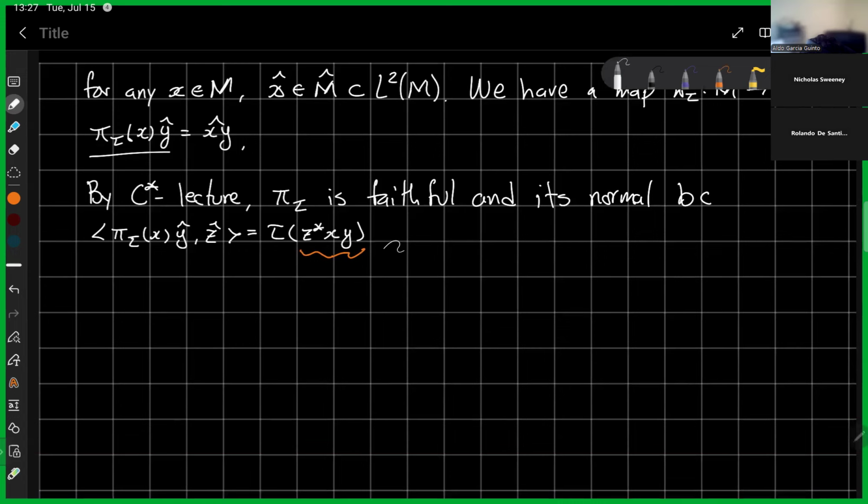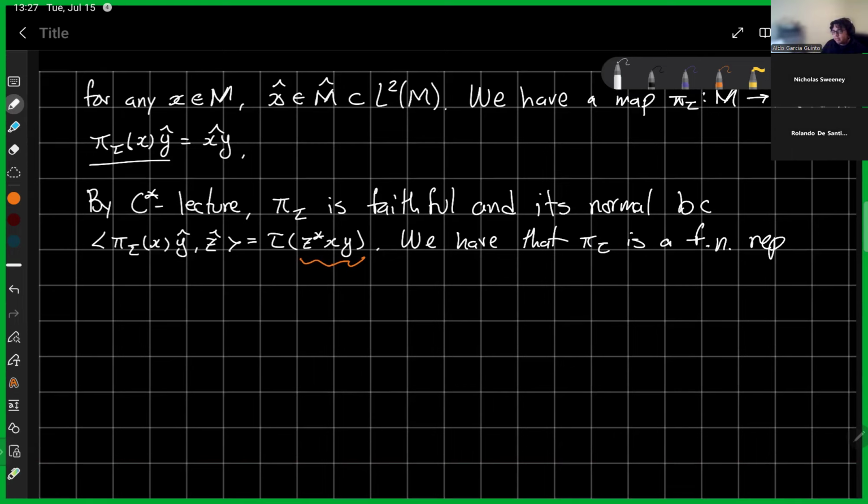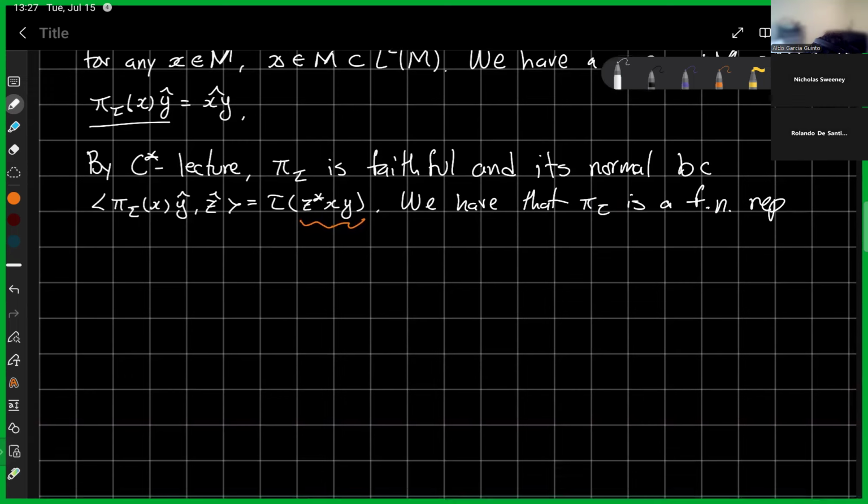So we have that pi tau is a faithful normal representation. And representation just means a map from an algebra into some Hilbert space. Because it's faithful, we can just identify M with its image.